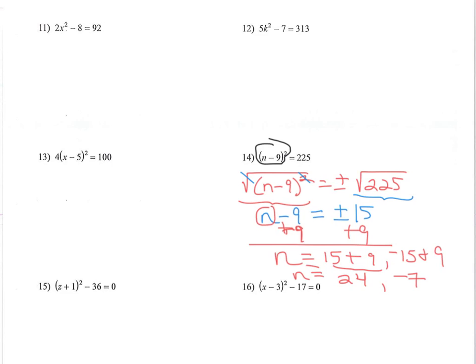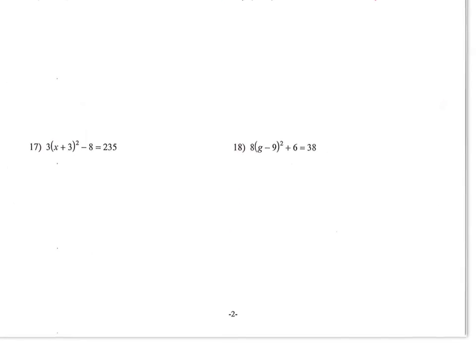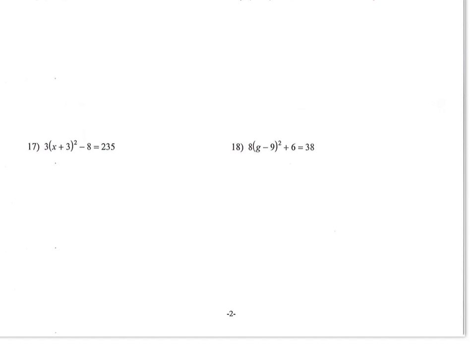So the final problem that I want to go through is number 18. 18 involves a couple of steps to get the squared quantity by itself. We notice that it's here in this first term, so I'm going to isolate that first by subtracting the 6 from both sides.